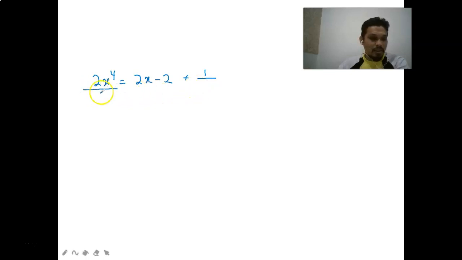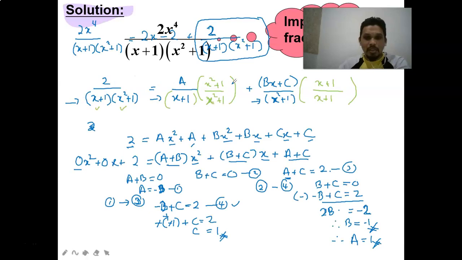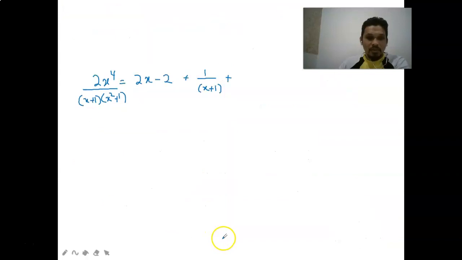Sorry, here this is x plus 1 and x squared plus 1 equal to 1 over x plus 1, plus bx plus c, where b is negative 1 and c equal to 1.